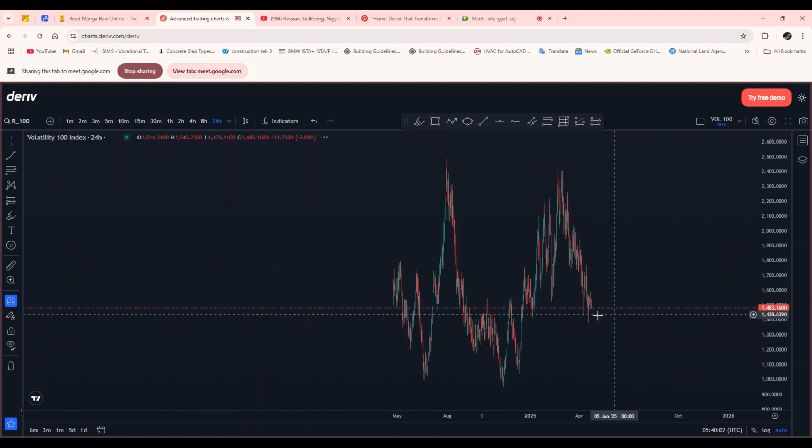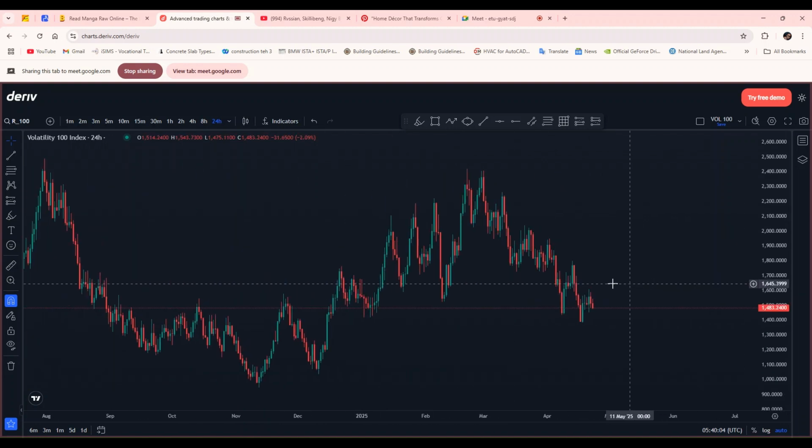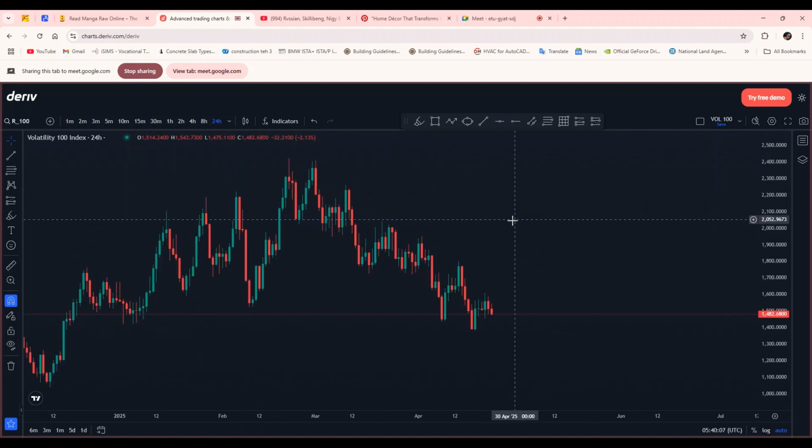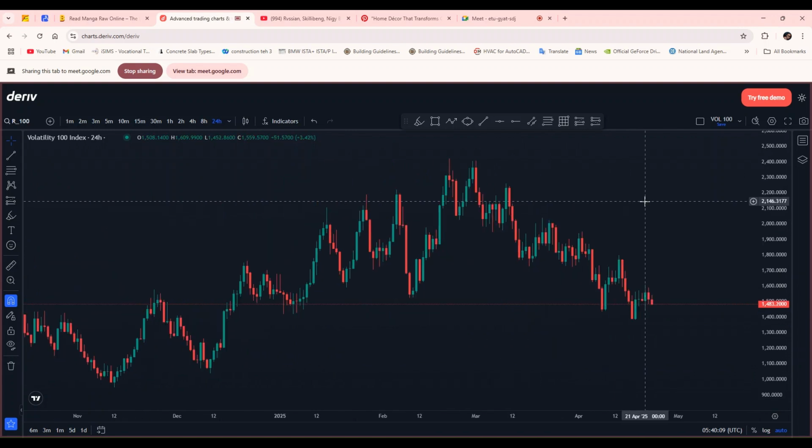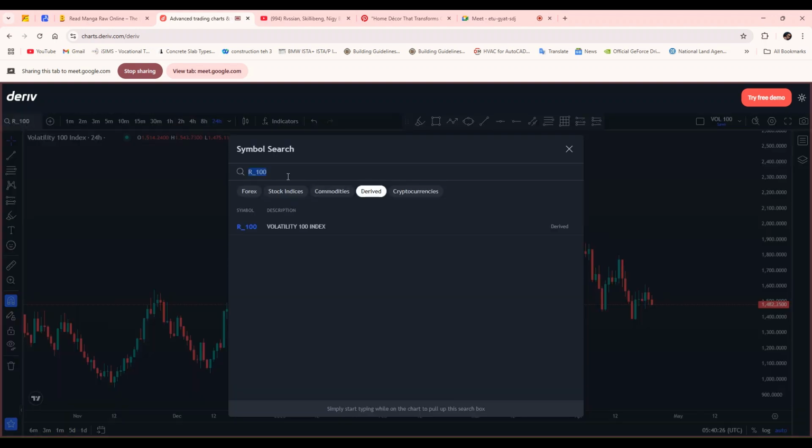All right. With that said, let's get into looking at a specific market structure. So let us first identify, just by looking on this specific pair, volatility 100, and let us speak firstly, before we get into structure, let's speak about time frame. So this pair is volatility 100.